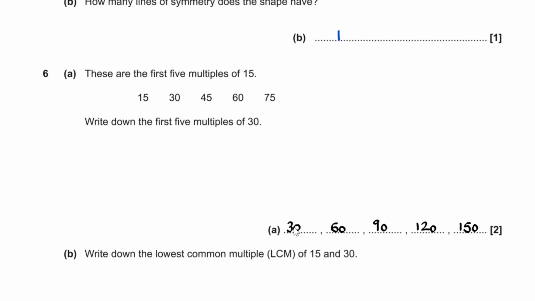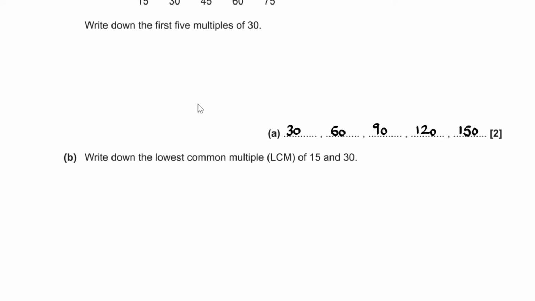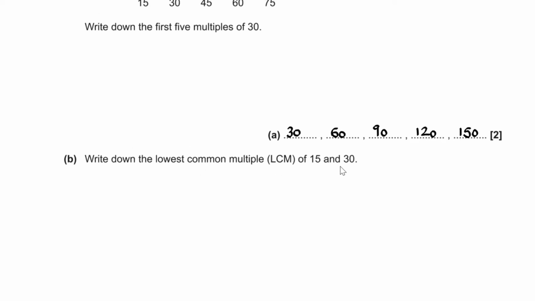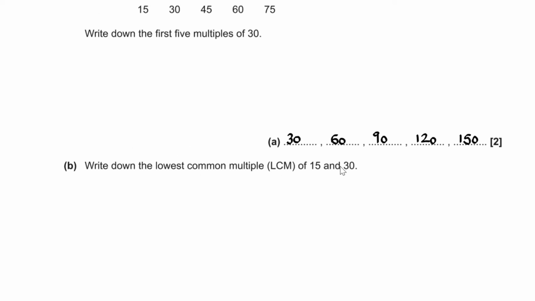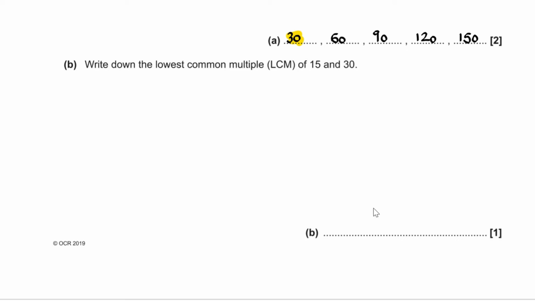So all I've just done is 30 times by 1, 30 times 2, 30 times 3, 30 times 4, and 30 times 5 to get the first 5 multiples of 30. And now for part B, we have to write down the lowest common multiple of 15 and 30. You'd find the lowest common multiple to be 30. So the lowest common multiple is 30.